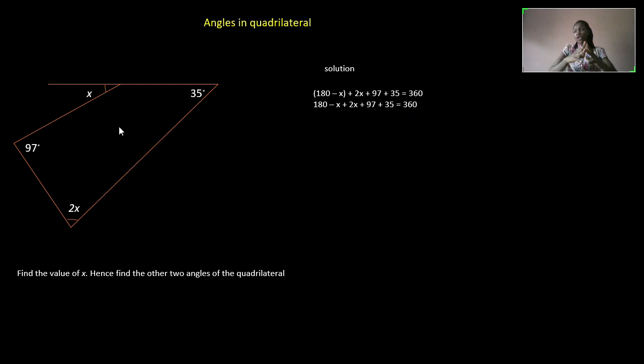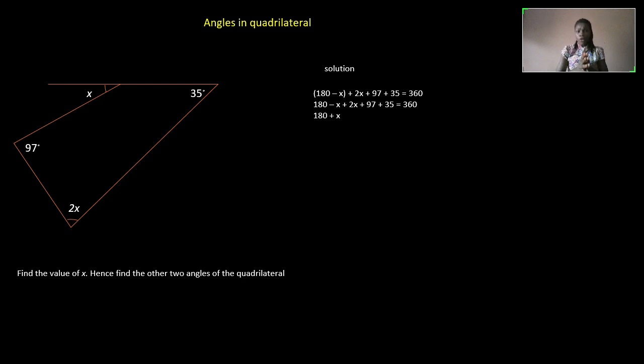Because the total sum of angles in a quadrilateral is equal to 360. So we are adding the angles and equating it to that value. So here we have 180 minus x plus 2x plus 97 plus 35 equals 360.